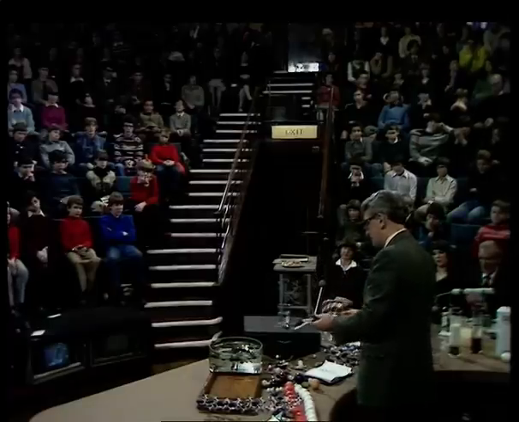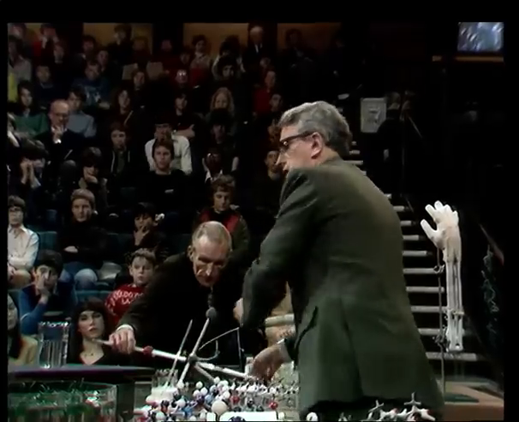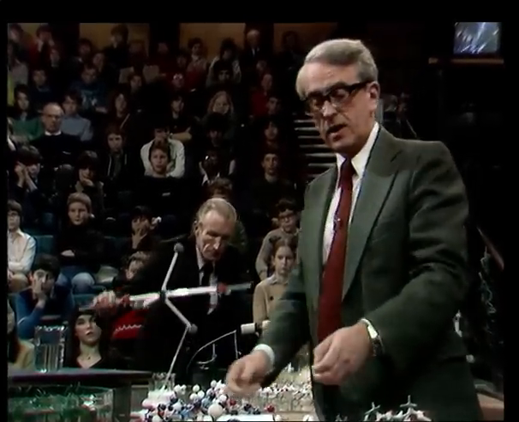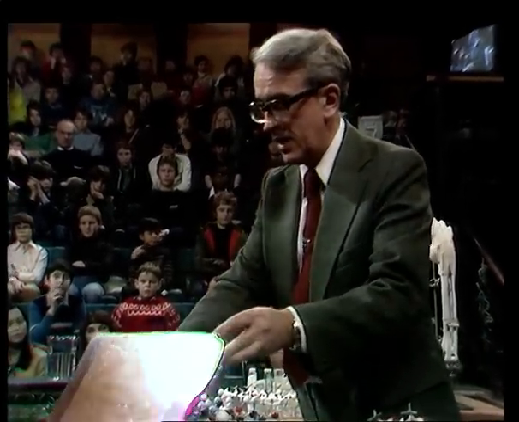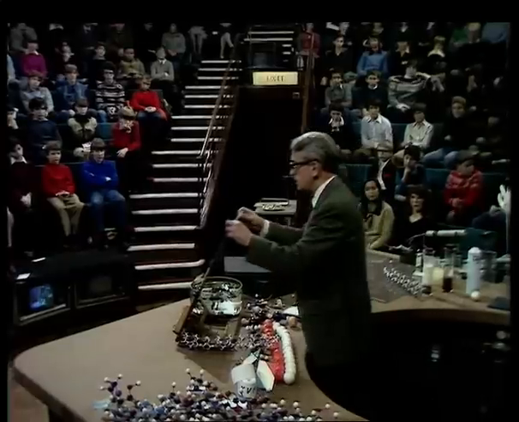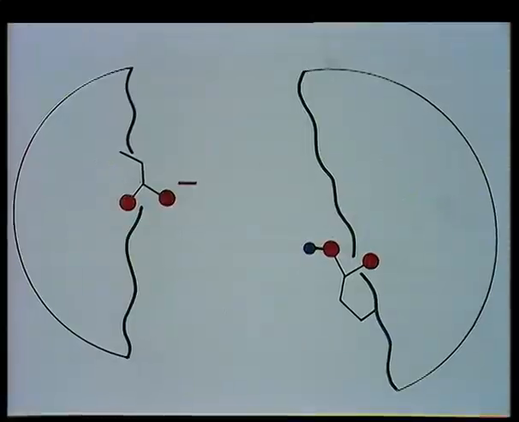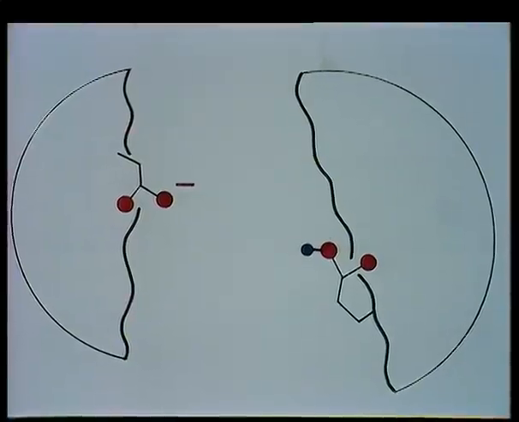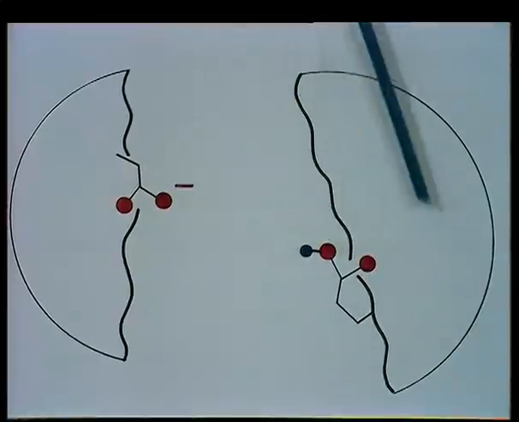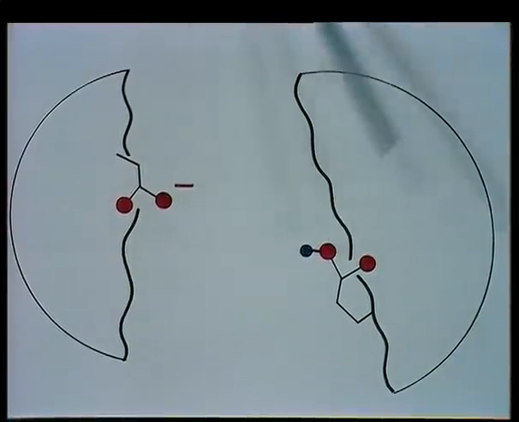Now, with that amount of explanation, let's see if we can at all understand how lysozyme carries out its chemical reaction. And we'll try to do that with some drawings here. That's a drawing of the enzyme as it starts. Here's the enzyme structure. Here's the groove where the part of the bacteria fit.